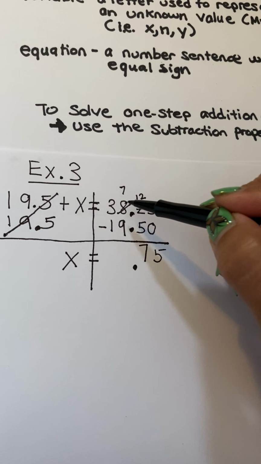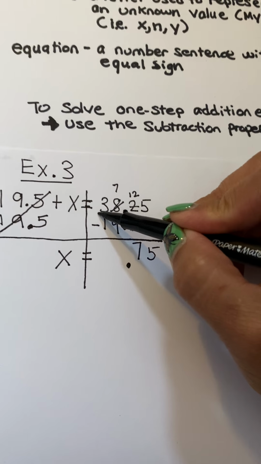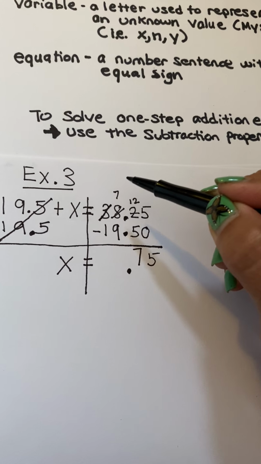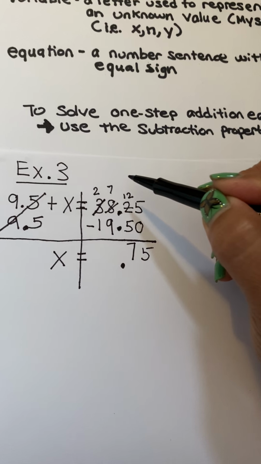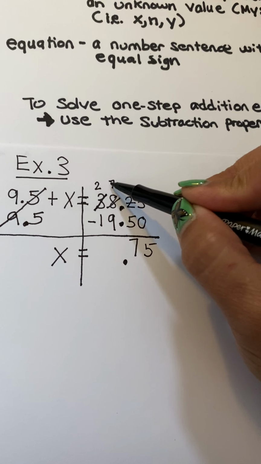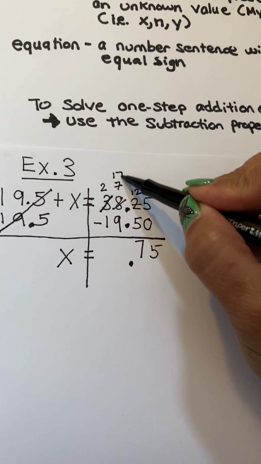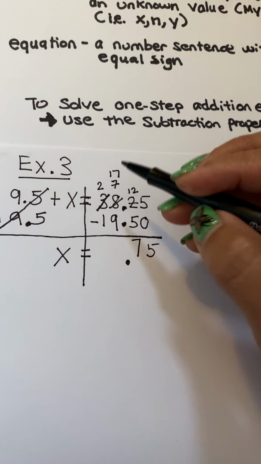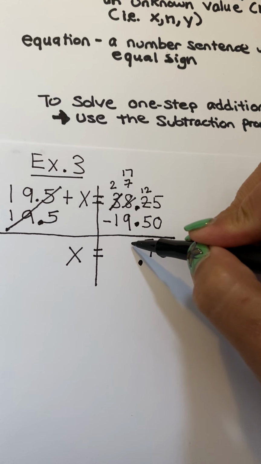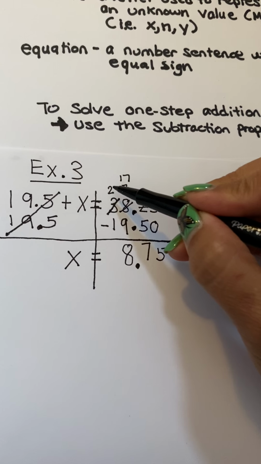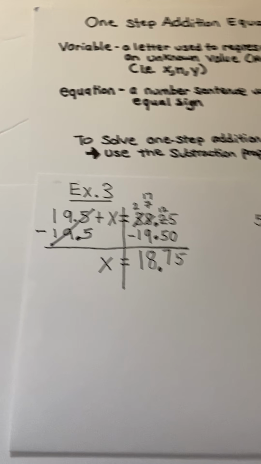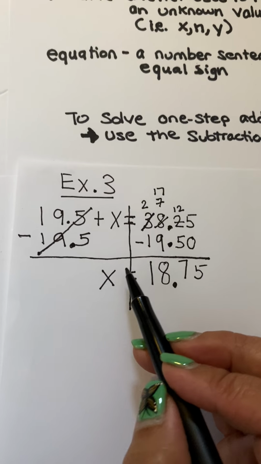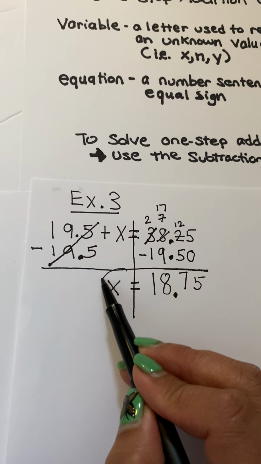So the bigger number is not on top, so we're going to have to go into the next lane, cross out the 3, and then make it a 2. Add a group of 10 to 7 to make it 17. 17 minus 9 is 8. And then 2 minus 1 is 1. Very good.